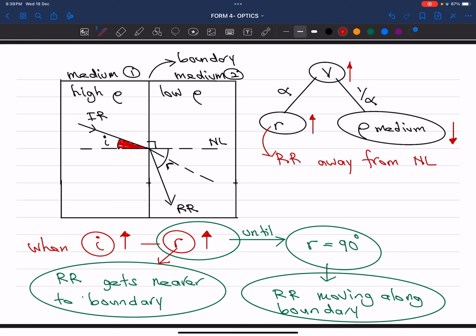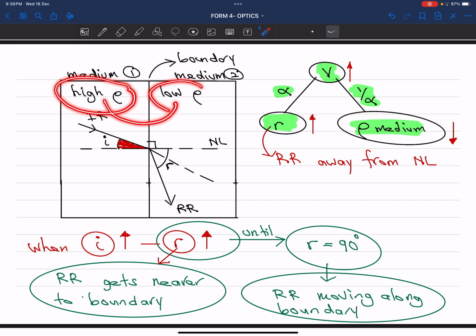And then, if you remember from our previous lessons, the speed of the light ray is inverse to the density of the medium, and also the speed of the light ray is proportional to R, the angle of refraction. So in our situation, we have light traveling from high density to low density.